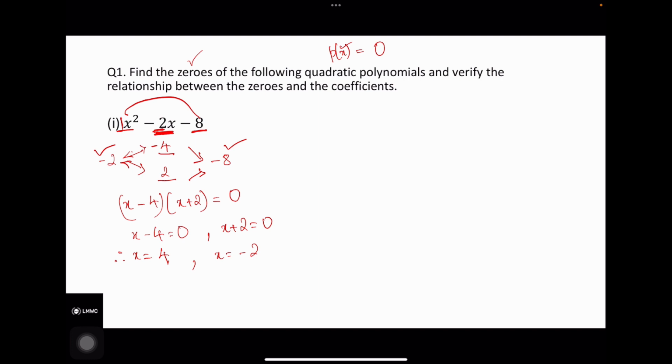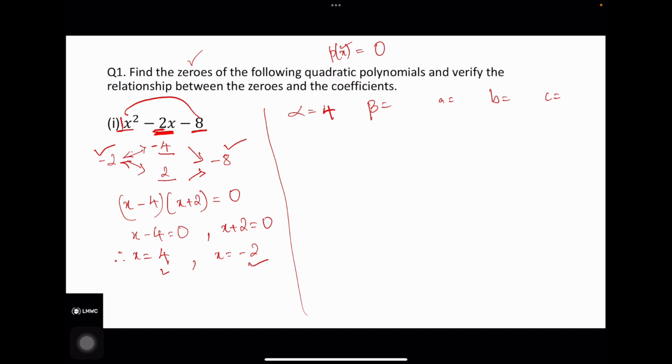Next, we have to find the relationship between the zeros and the coefficients. For that, we need alpha, beta, and the values of a, b, and c. Since the zeros are 4 and -2, we will just take them randomly.